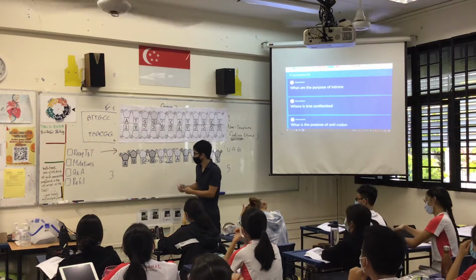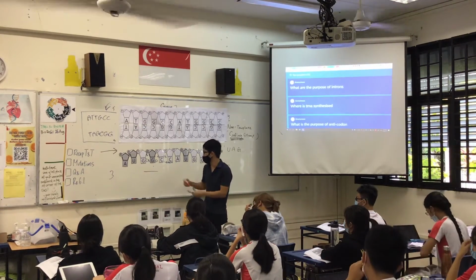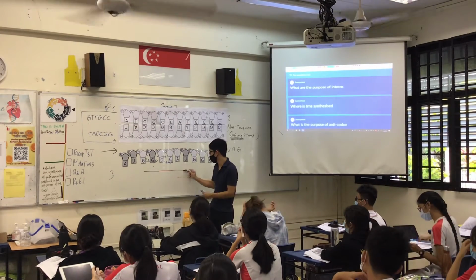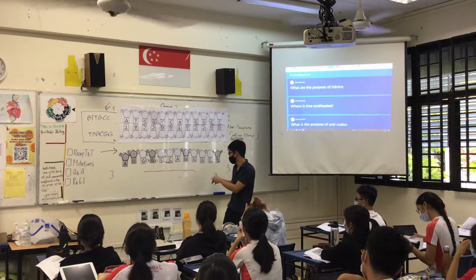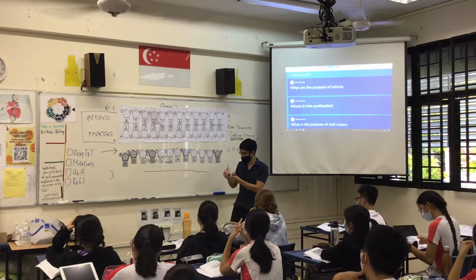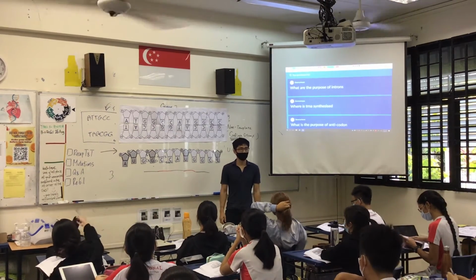For example, let's say I've transcribed my mRNA. I'm going to color code it up. Some segments are blue, some red, some blue, some red, and some blue. Wow, I can't remember. Introns are the ones you keep, exons are the ones you take out.